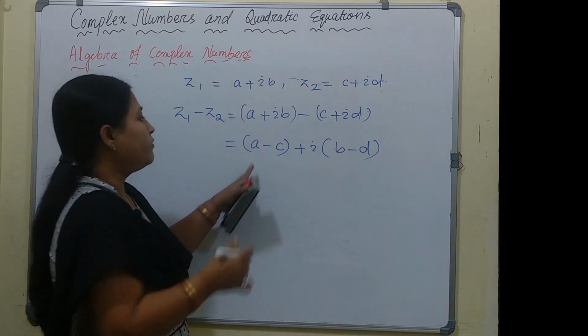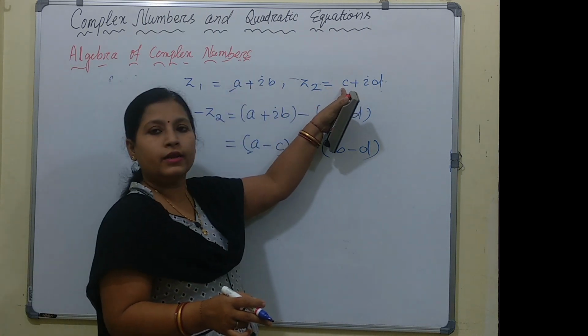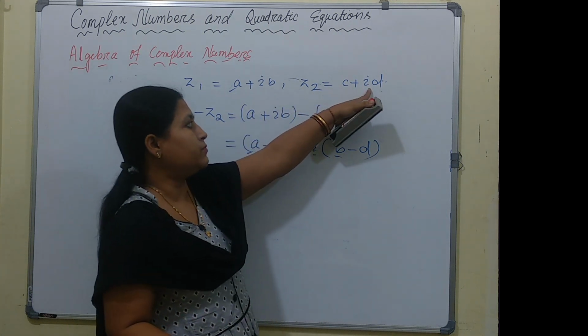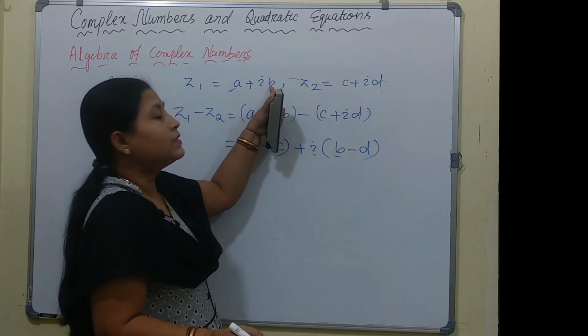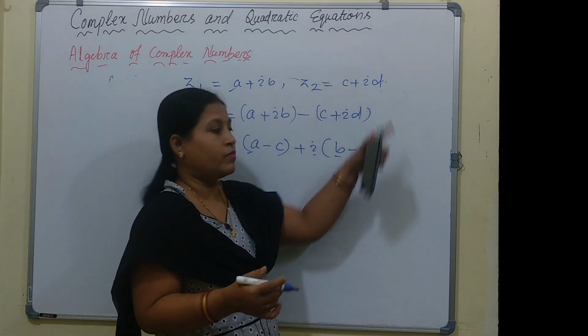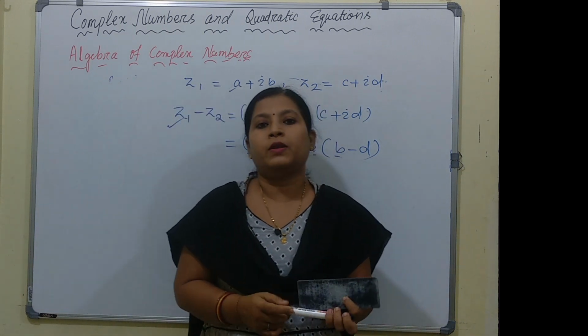So we subtract the second real part from the first real part, plus i times (b minus d), meaning we subtract the second imaginary part from the first. So here we get the difference of two complex numbers.